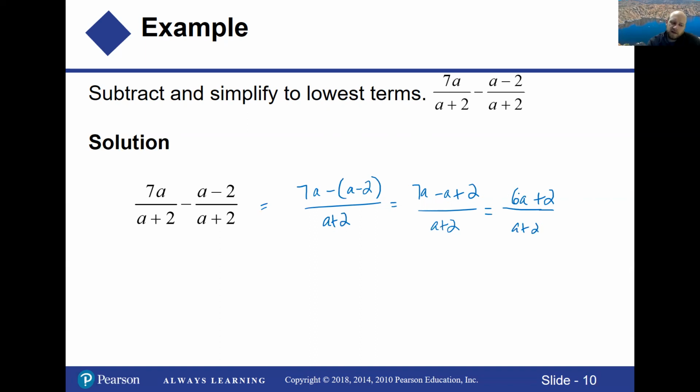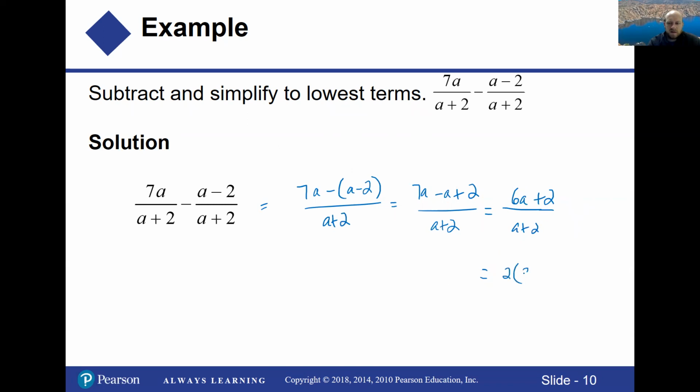Now, your MyLab might accept this answer to the homework. I would probably accept it too, except you can simplify the numerator a little bit more by factoring out a 2, right? Because I can take out a 2 from 6a, can also take out a 2 from 2 there.